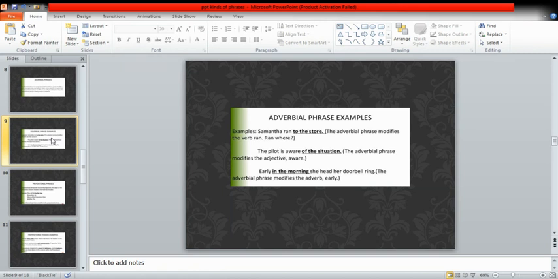I hope that your idea of all these three kinds of phrases is clear by now. In the next lecture, I will give you a practice worksheet which I have selected from your past papers. We are going to go through that practice worksheet, so your idea of noun, adjective, and adverb phrases will be much clearer.